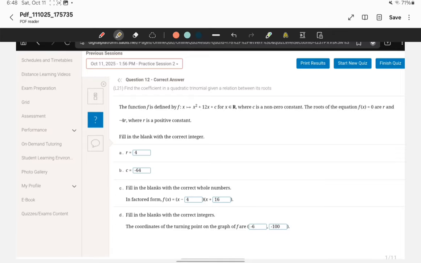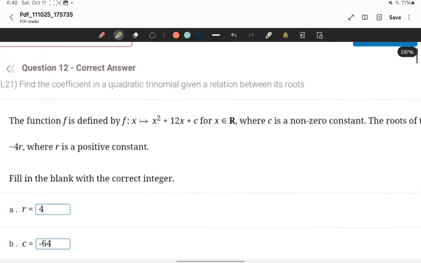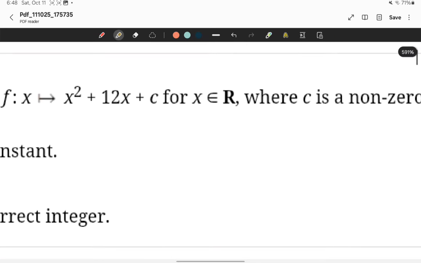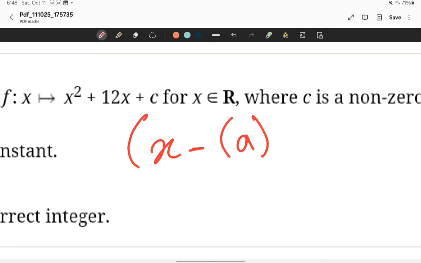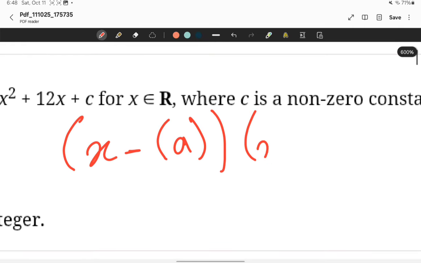Okay, number 12. The function f is defined by this equation, where c is not 0, where c is a constant. The roots of this equation are r and minus 4r. Now remember, when we have the roots of an equation, that means the equation just simplifies into x minus our first root times x minus our second root.